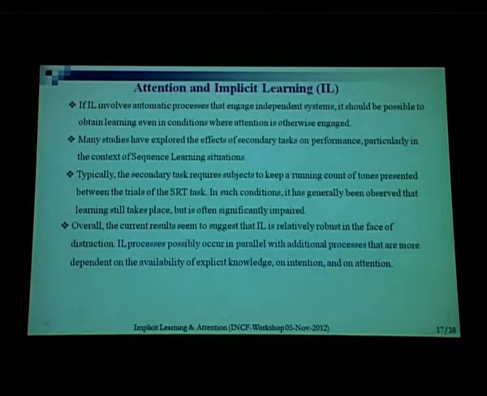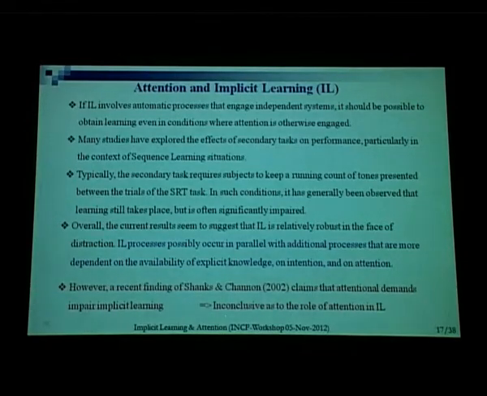So this is the view, but the recent finding of Shanks and Shannon claims that attentional demands, they have shown in a task, impair implicit learning. So there is still some inconclusive nature of the role played by attention in implicit learning.